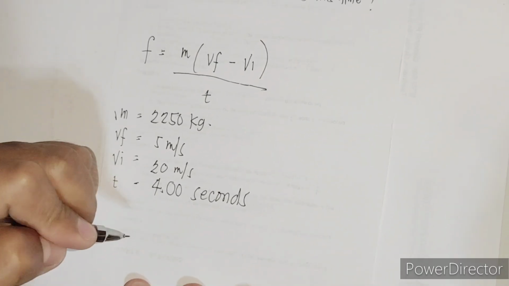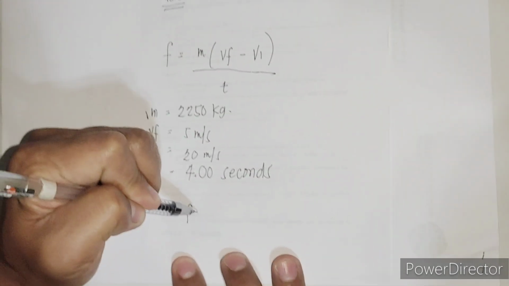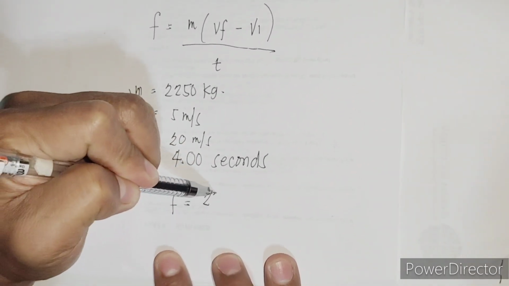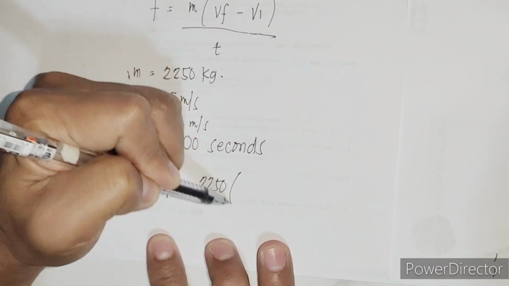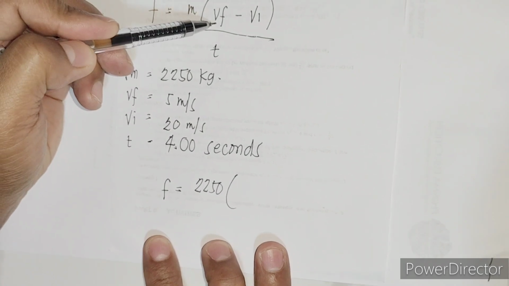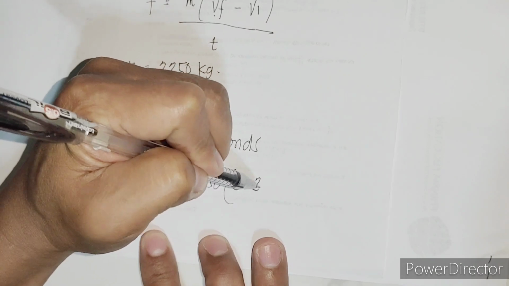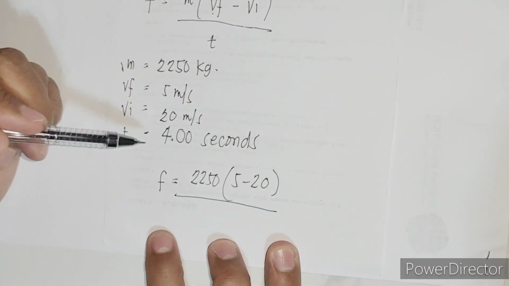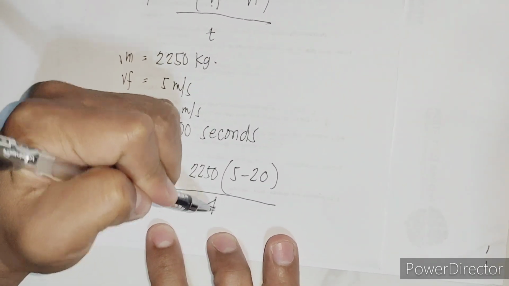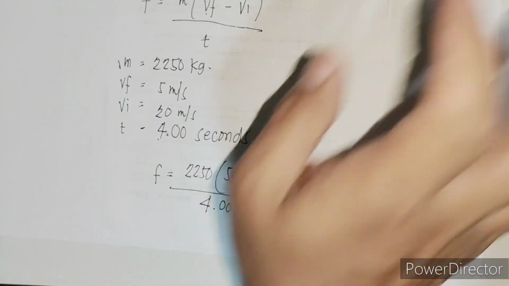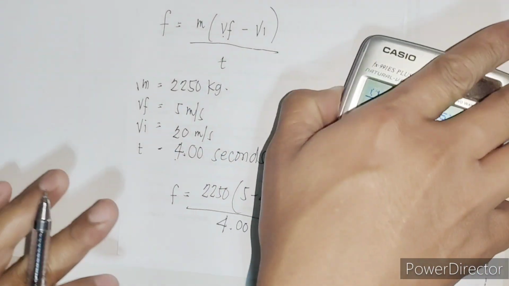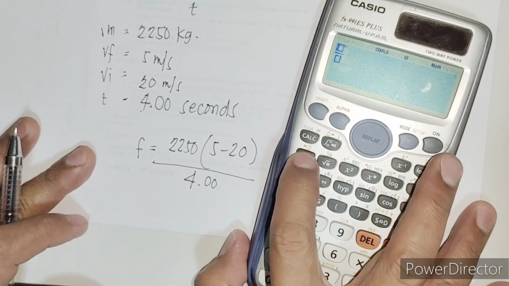We are now ready to solve. Force now is equal to 2,250 times, what is our final velocity? Our final velocity is 5 minus our initial velocity is 20 all over our time which is 4.00. Using our calculator, pwede po natin idiretso yan. Fraction muna mga anak.